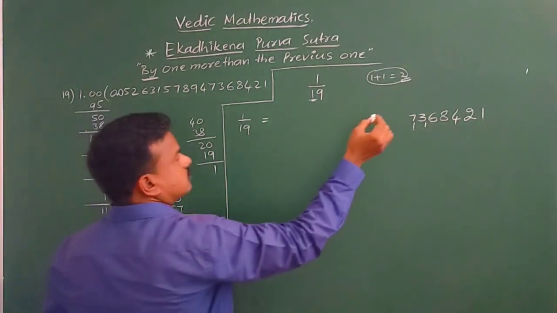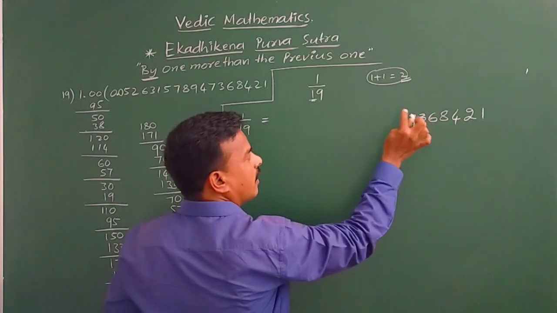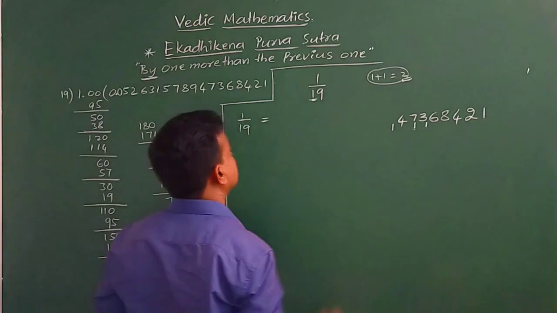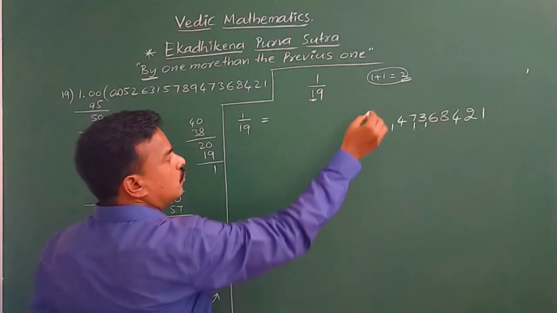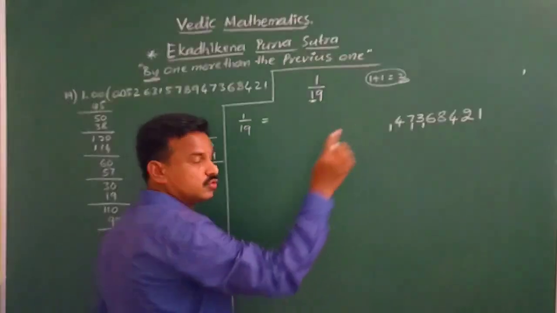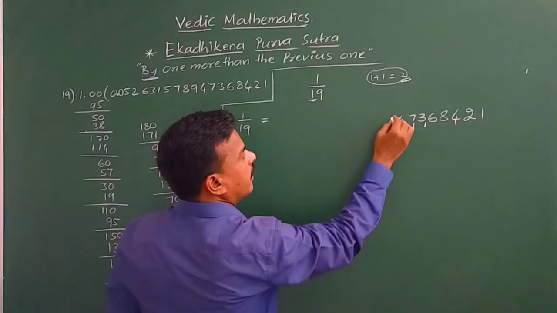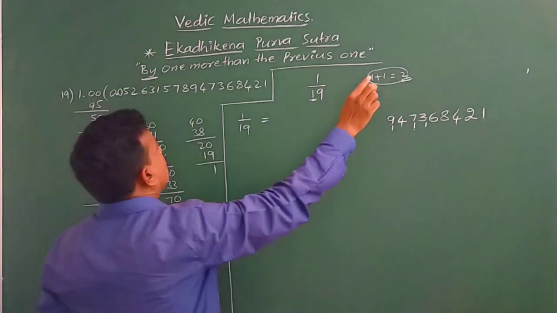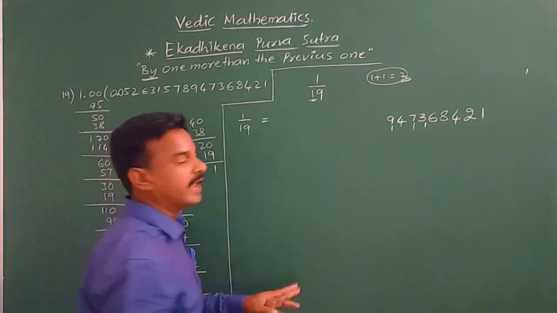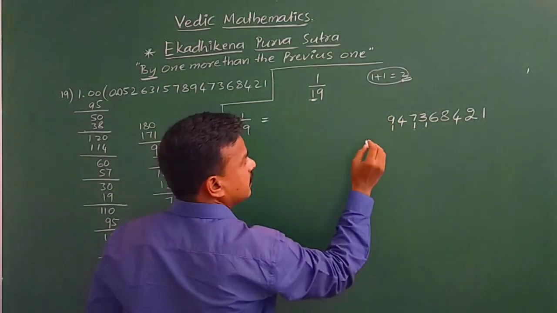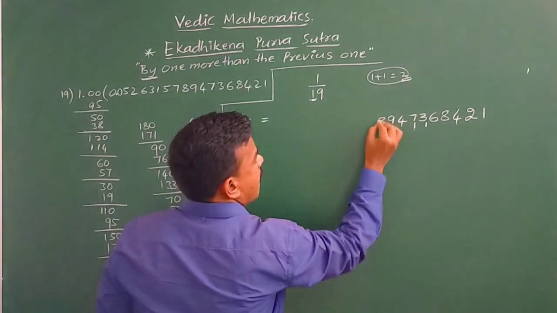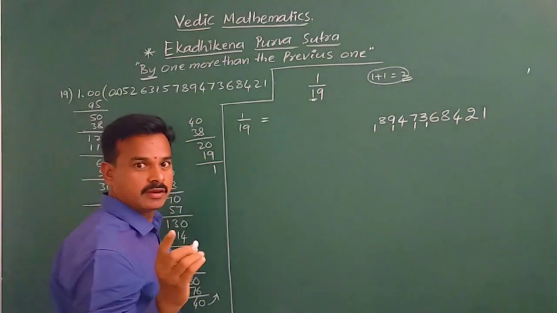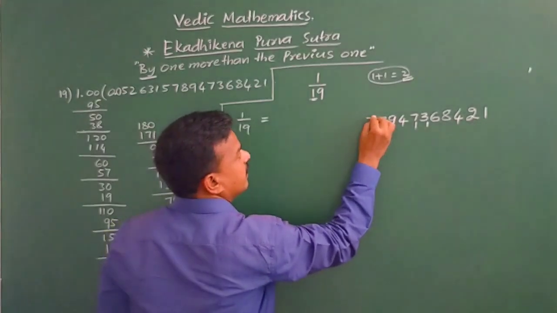And next 2 sevens are 14. 4 you write, carry 1. Next 2 fours are 8, plus 1, 9. Write 9. Next 2 nines are 18. Write 8 and carry 1. 2 eights are 16 plus 1, 17.